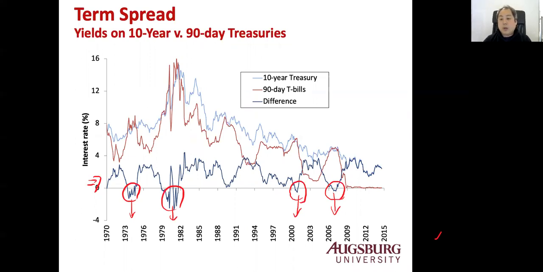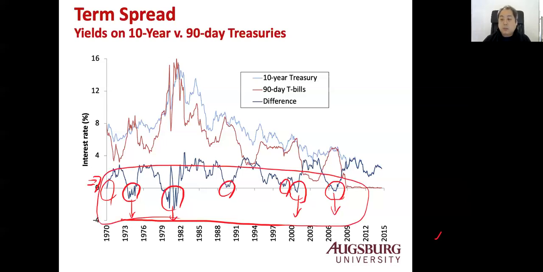Because the yield curve normally has an upward slope due to the risk premium, a downward sloping yield curve is taken as a strong indication that yields are more likely than not to fall. The prediction of declining interest rates is in turn often interpreted as a signal of coming recession. Short-term rates exceeded long-term ones in each of the 7 recessions since the 1970s. Here, 1, 2, 3, 4, 5, 6, kind of 7, right? This is all recession period, actually.